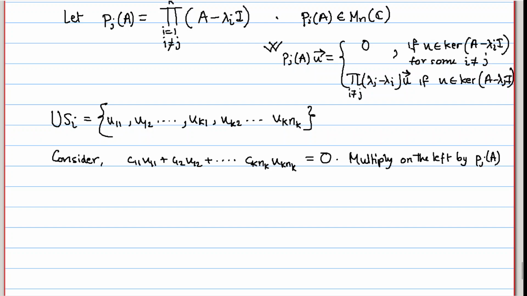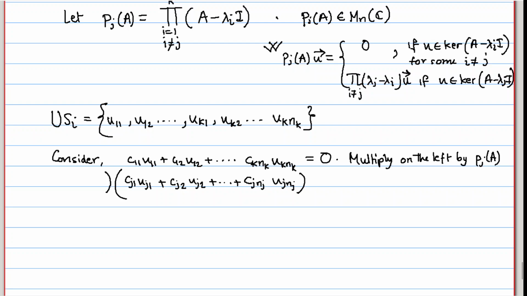So what would you get? You would get only those terms for which you have j in the first coordinate, that is c_j1 u_j1 plus c_j2 u_j2 and so on, up to c_j n_j u_j n_j.